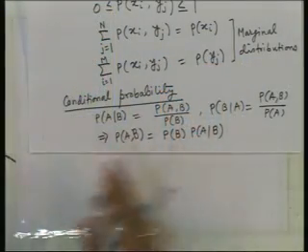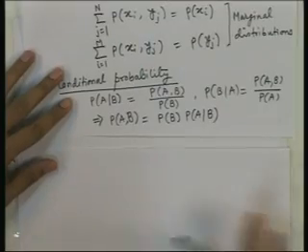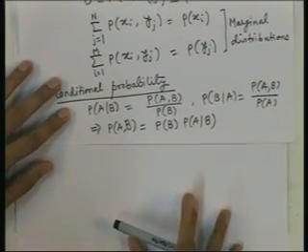So, this is also called chain rule of probability. So, we will see a generalization of that.